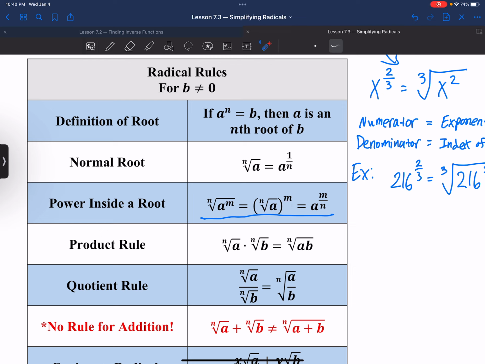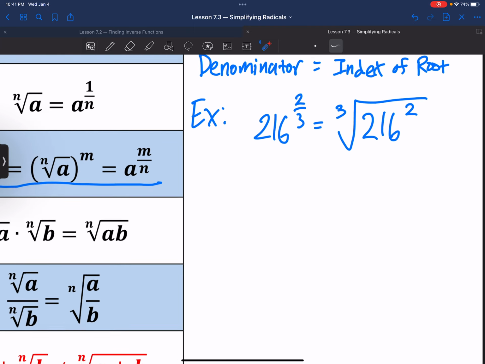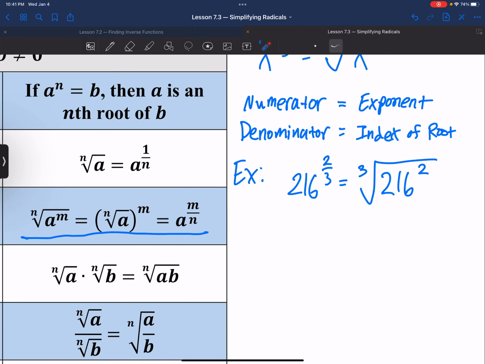You can put that exponent inside the root on the radicand, or you can move that exponent outside of the radical and just have it apply there. And both of these expressions are equivalent to this a to the power of m over n business.